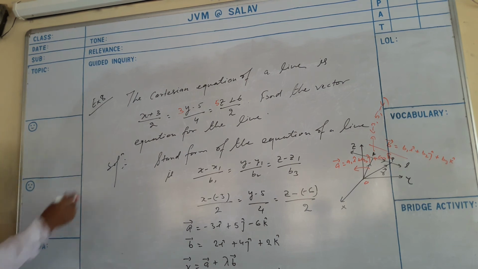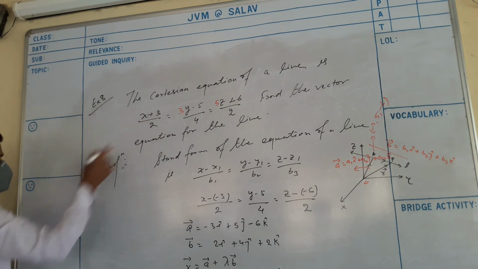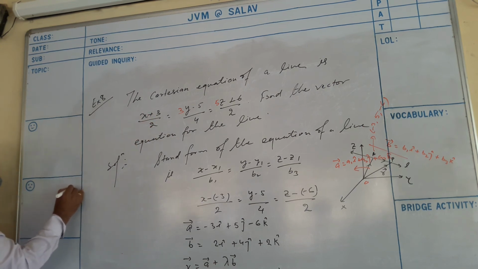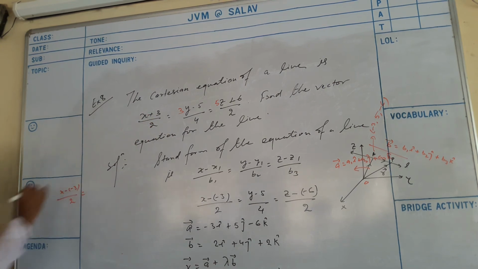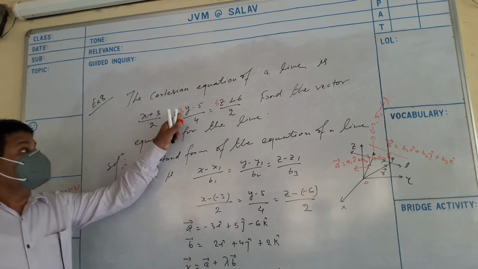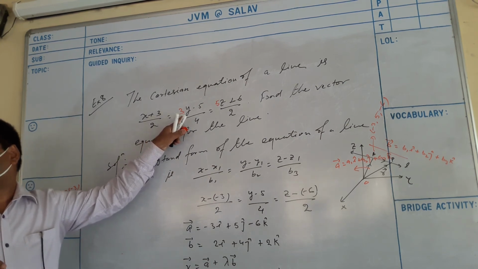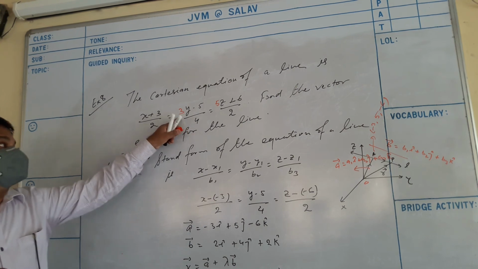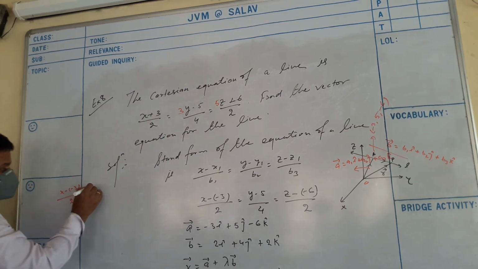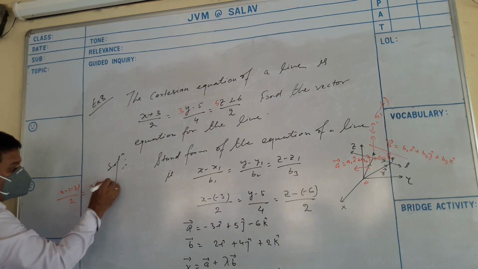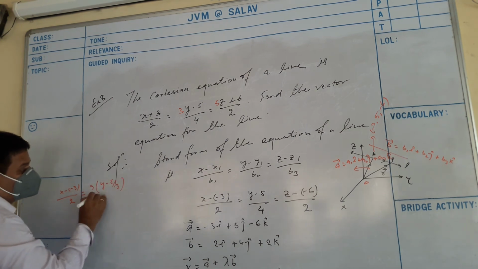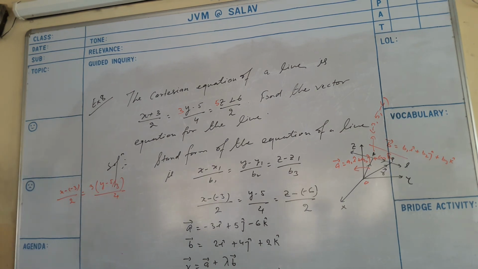Then you will do this: the first one, (x + 3)/2, is as it is. So you have to make the coefficient of y unity. How will you make it? 3 is taken out: (y - 5/3)/(4/3). Clear?